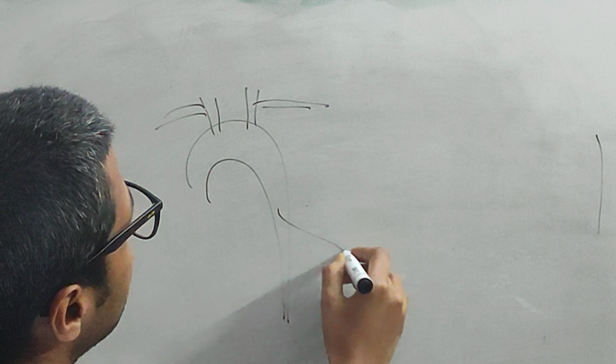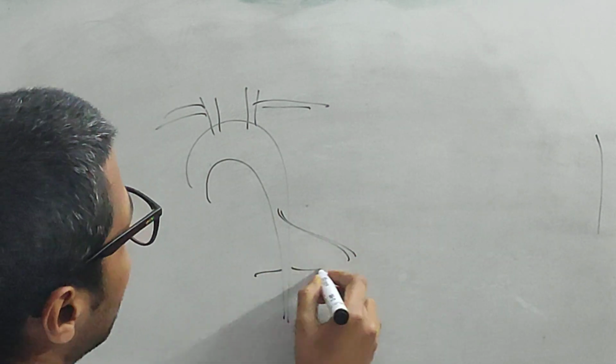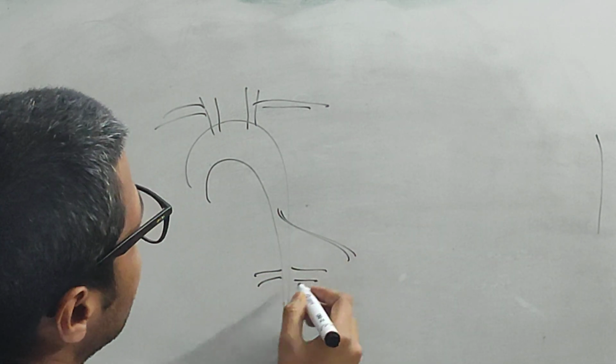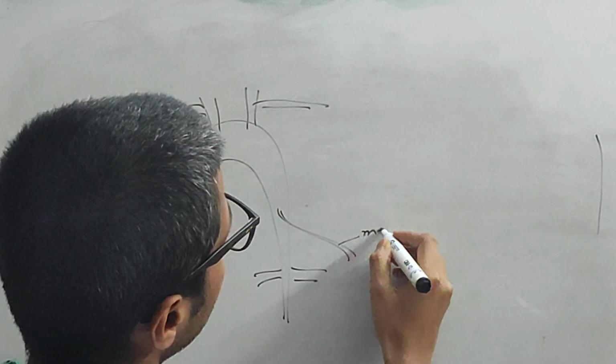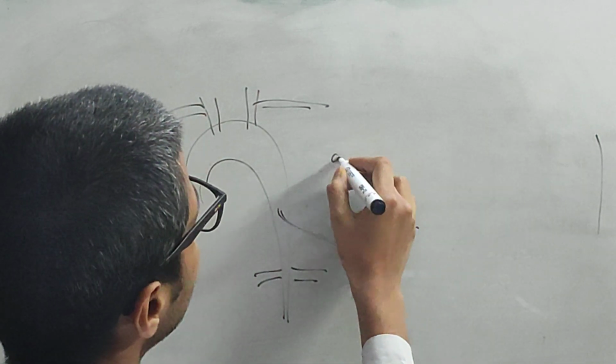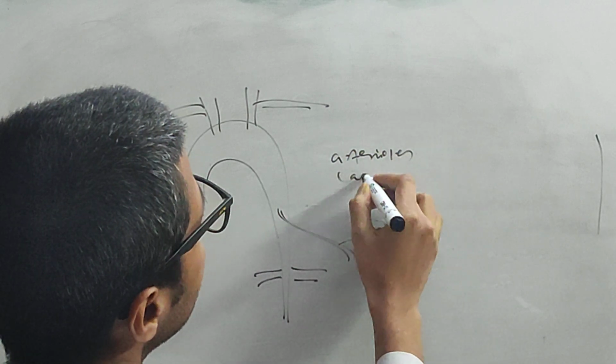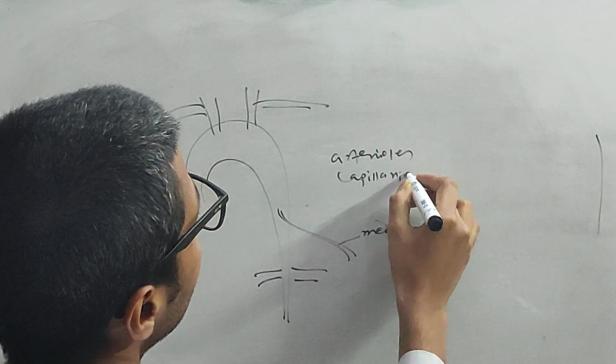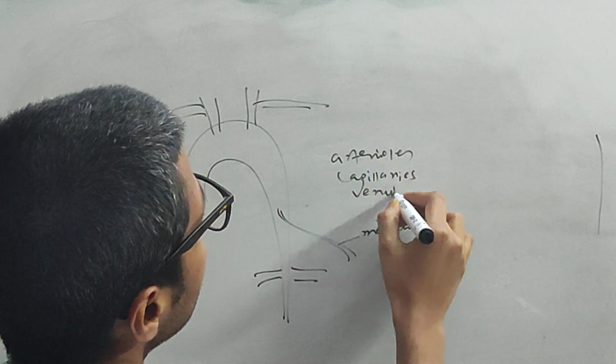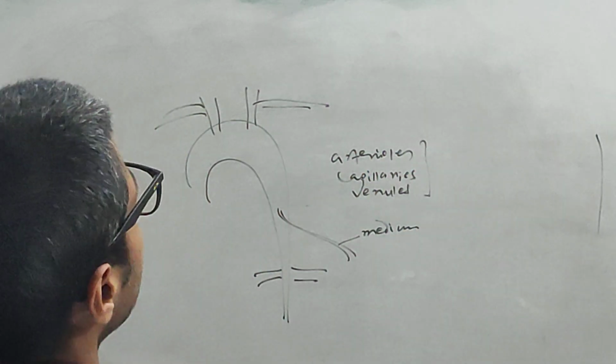But when there is involvement of the mesenteric artery, when involvement of the renal artery, then we call this medium-sized vasculitis. And when there is involvement of the arterioles, capillaries, venules, we call this a small vessel vasculitis.